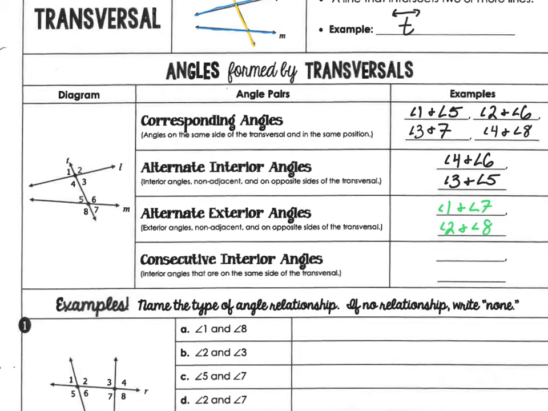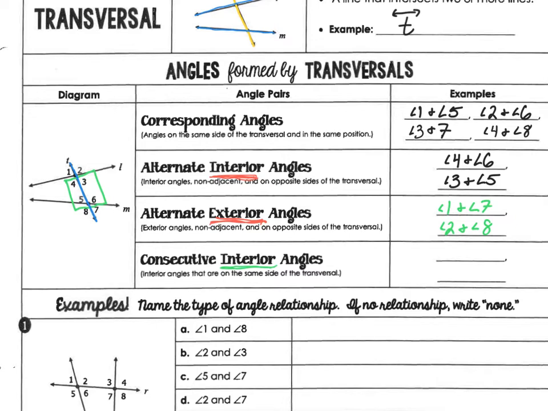So, as you can see, these words are going to be key. Interior, exterior. So if we come back here, this one says interior. So we're going to be looking at these here. Interior angles that are on the same side of the transversal. So remember your transversal is T. And we want interior consecutive angles.